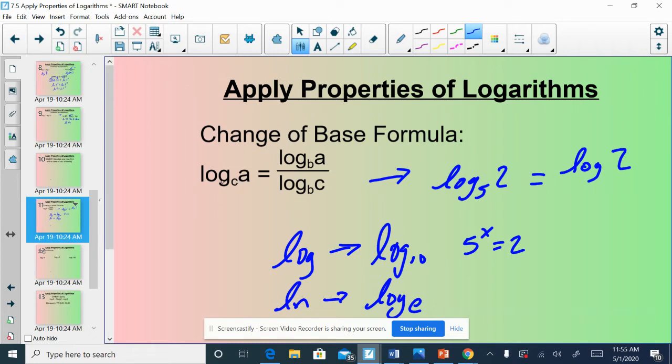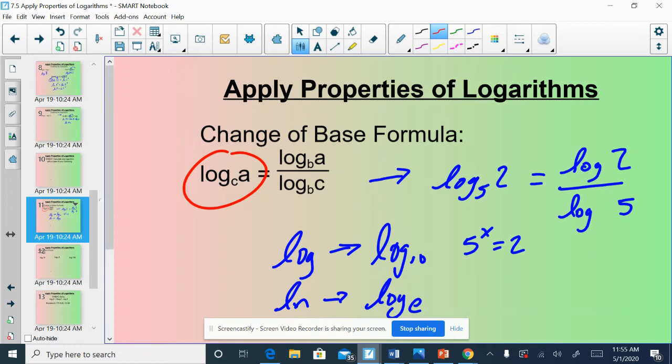And then the base of my old log becomes the big number in the denominator. Log base b of 5. Now notice that in this part there isn't the letter b. B is only introduced in the second part. That's because we can pick literally any base that we want, and it will be true.